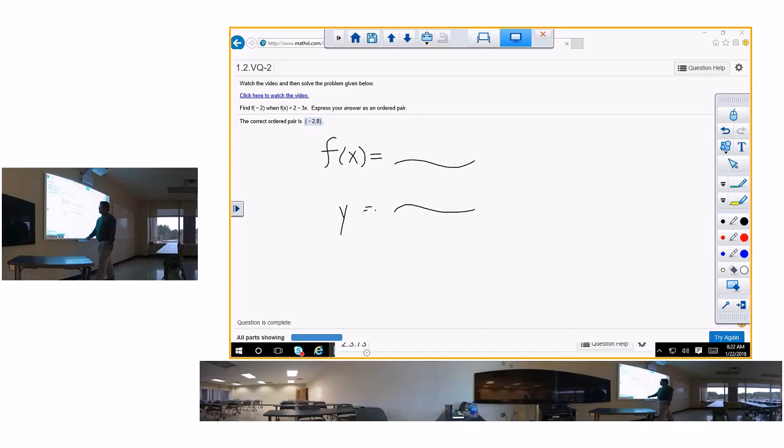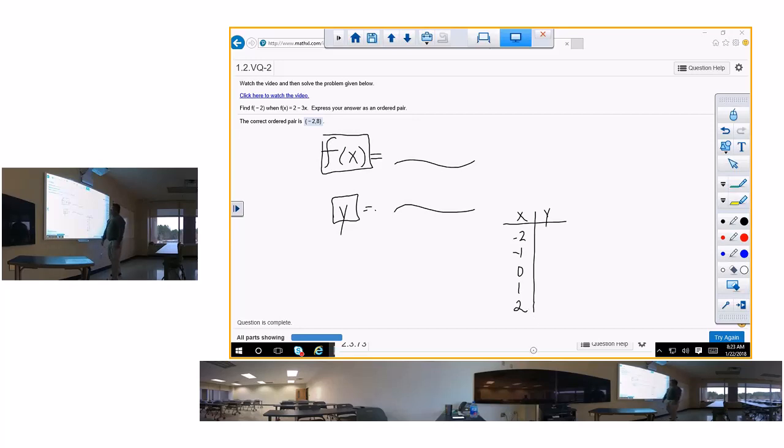Think of it as the old way of writing it and the new way of writing it. It's the same thing. So back in pre-algebra, when you wanted to find y, they usually gave you x, y, and they usually gave you negative 2, negative 1, 0, 1, and 2.